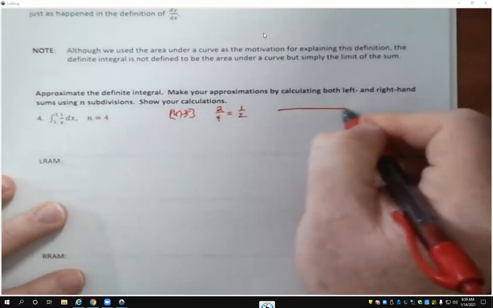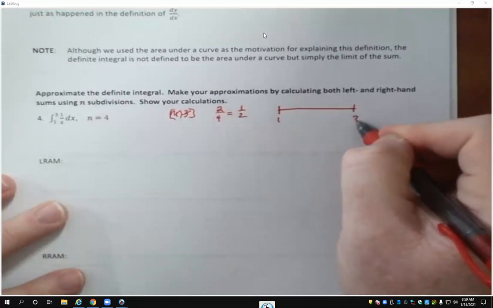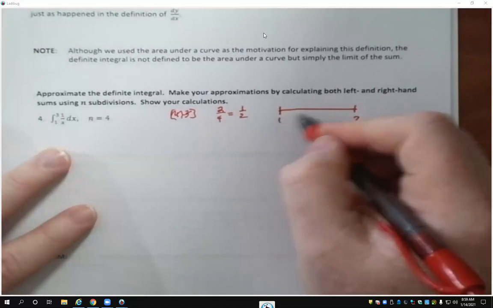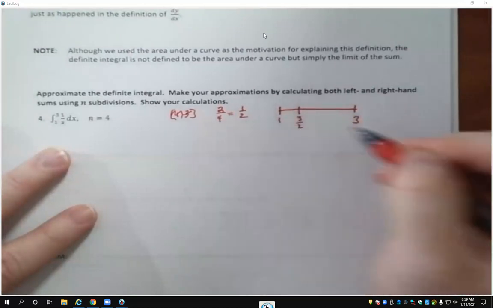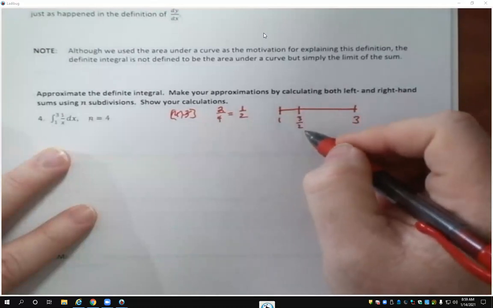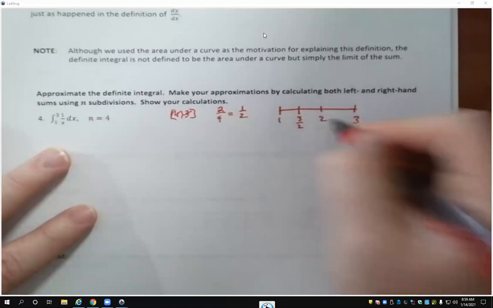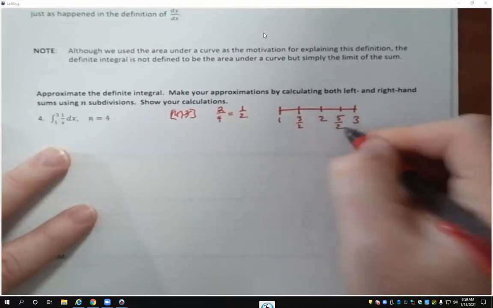Again, I start at 1, I end at 3, and I want to go by halves. Adding a half to this gives me 3 halves. Adding a half to that gives me 2. Adding a half to that gives me 5 halves.